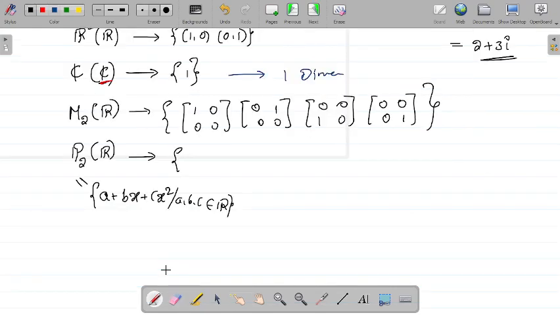The field is the real number field and the vectors are polynomials here.